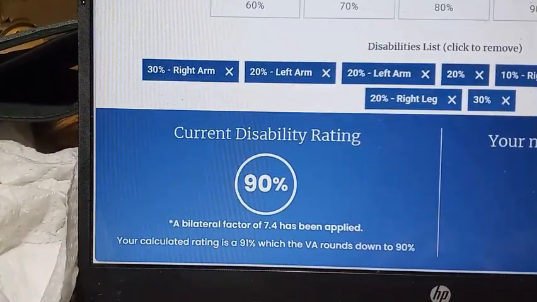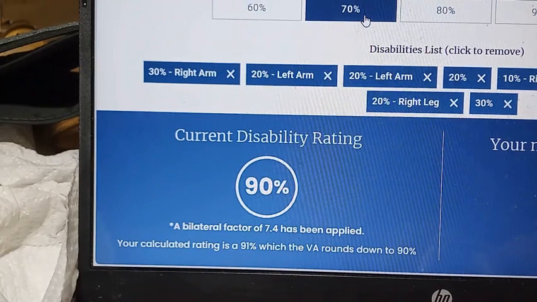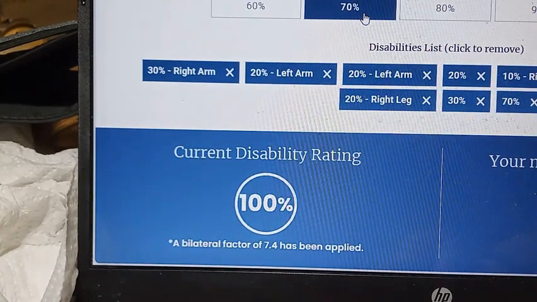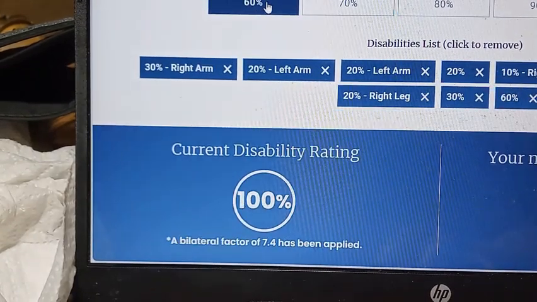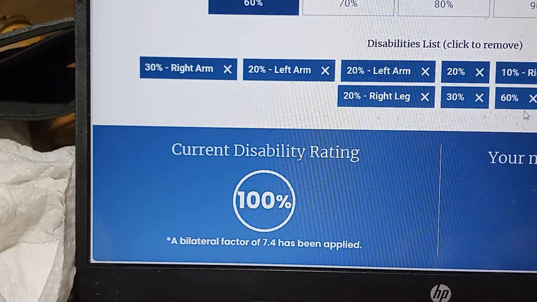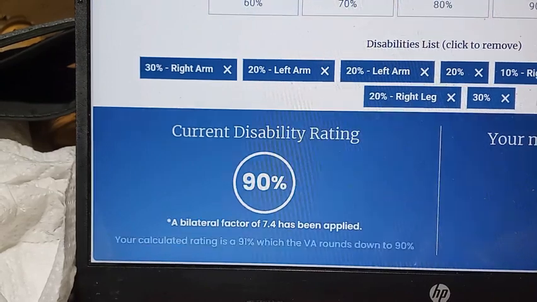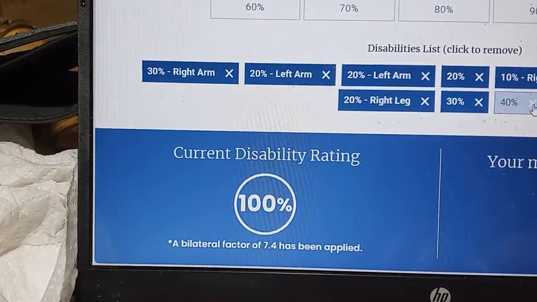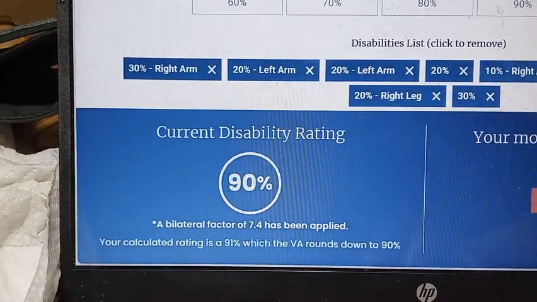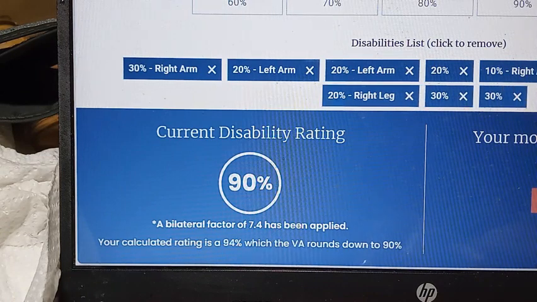And again, 70% will get me up to 100% disability. 60% of something will get me up to 100% in disability. 40% of something will get me up to 100% in disability. 30% of something won't.